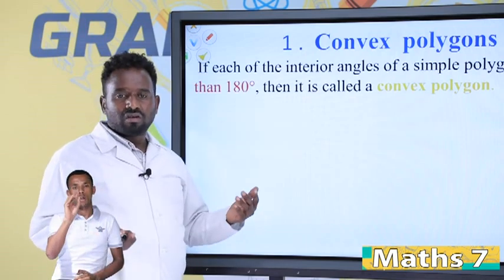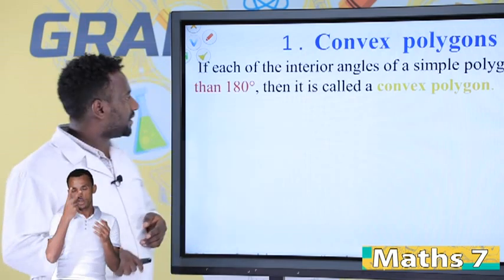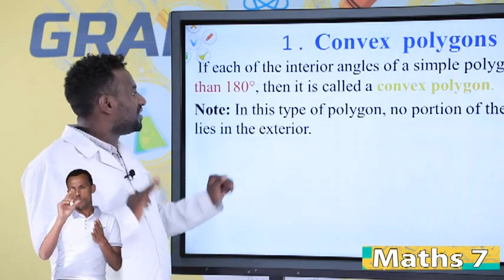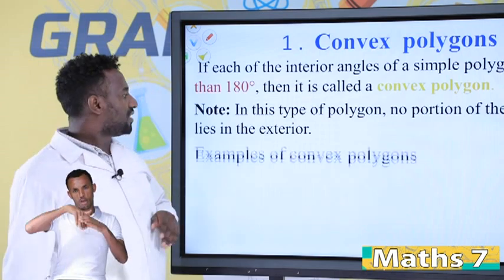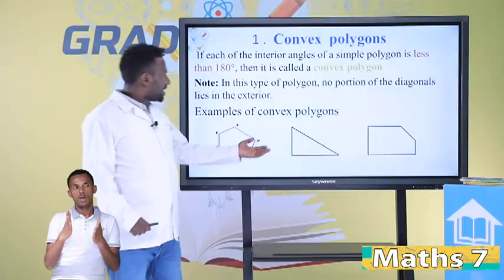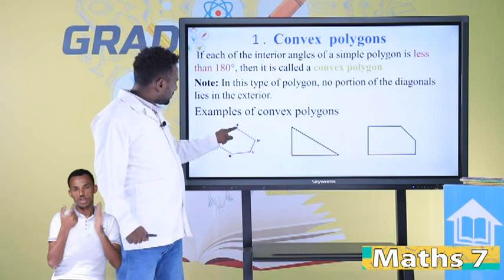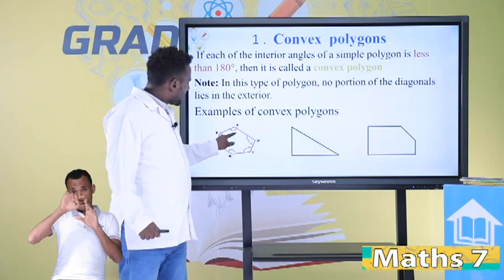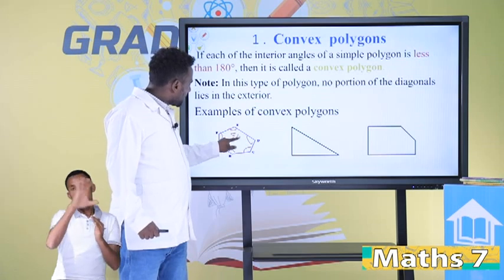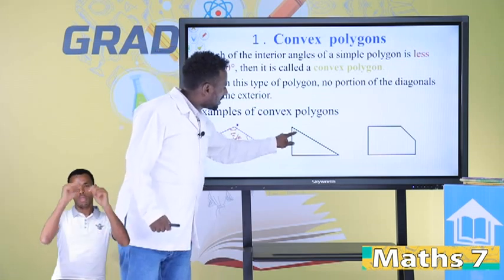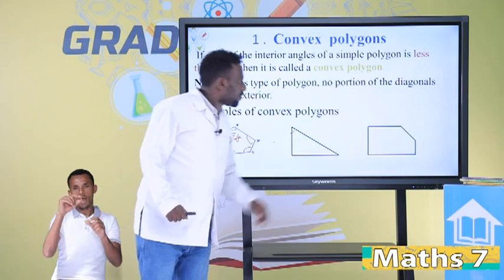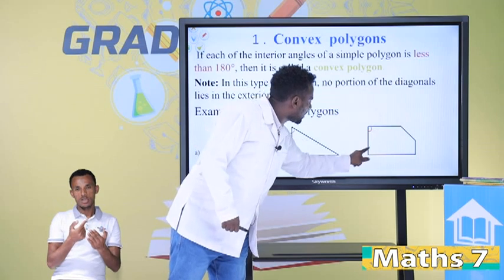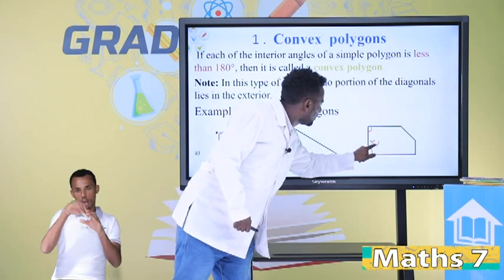In this type of polygon, no portion of a diagonal lies in the exterior of the polygon. Take an example: this is a convex polygon, all the interior angles are less than 180 degrees. Or this is a triangle, each angle is less than 180 degrees.